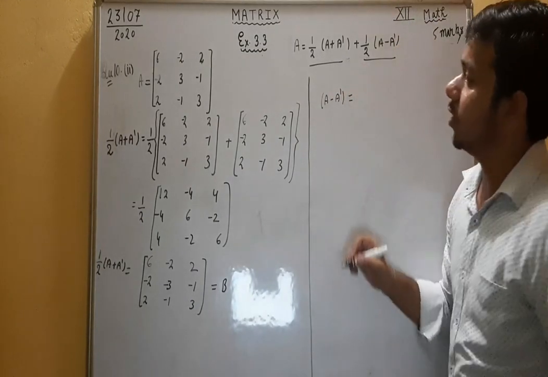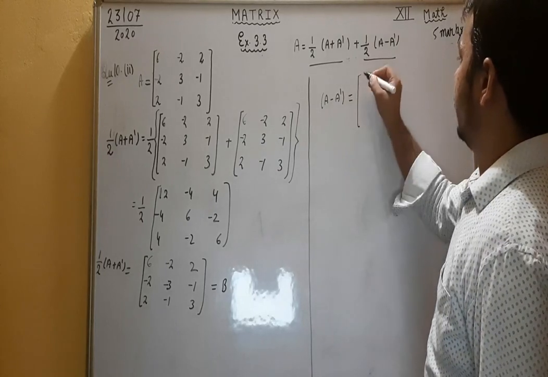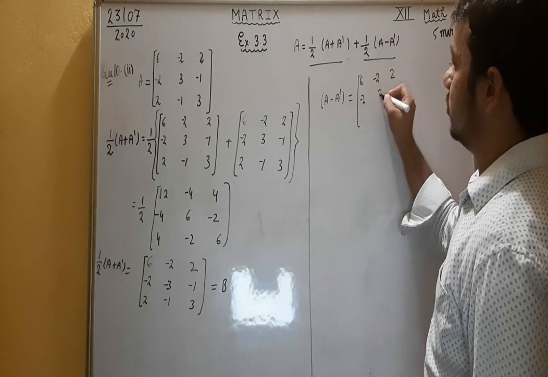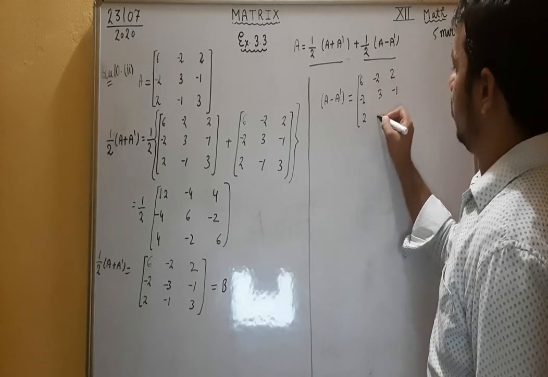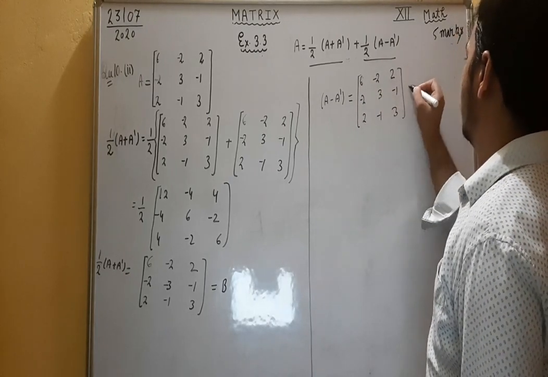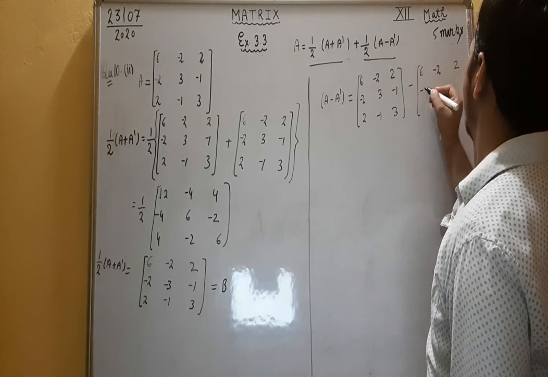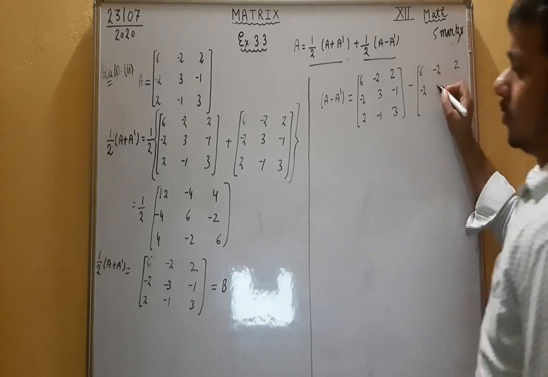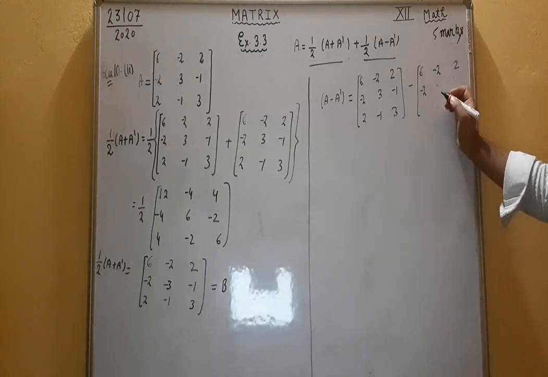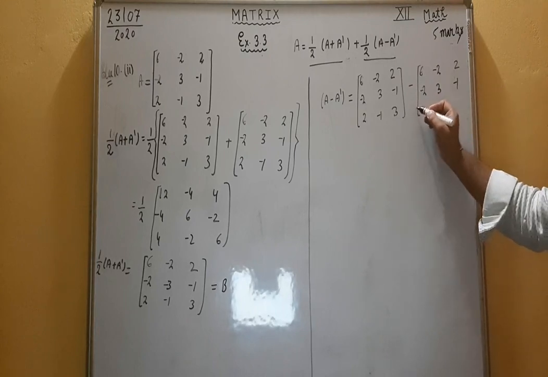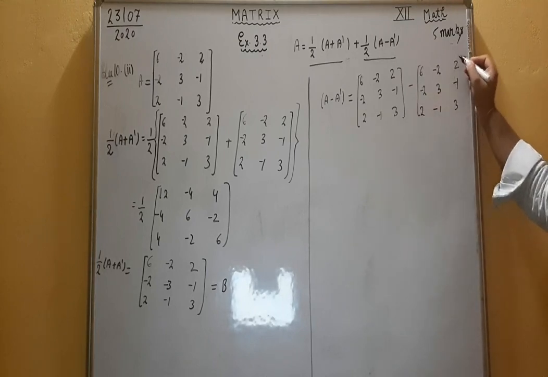A minus A dash is what? 6 minus 2 2 minus 2 3 minus 1 2 minus 1 3 minus 6 minus 2 2 minus 2 3 minus 1 and 2 minus 1 3.